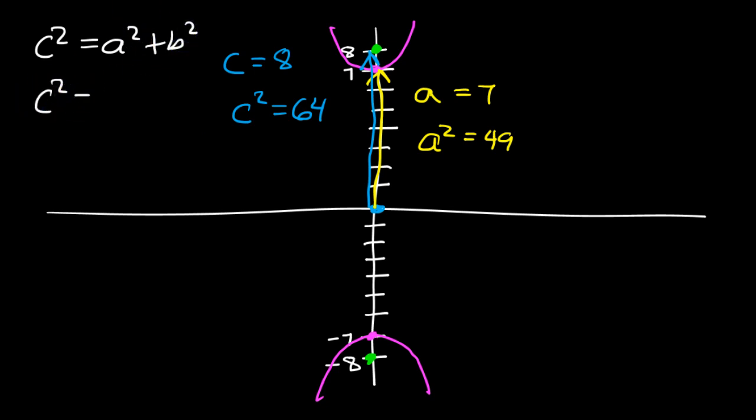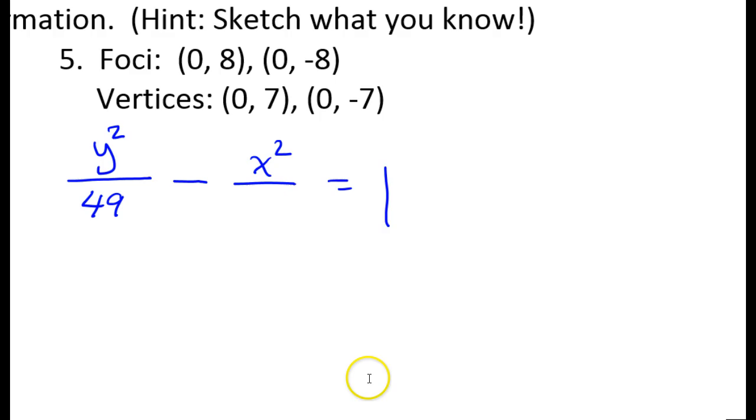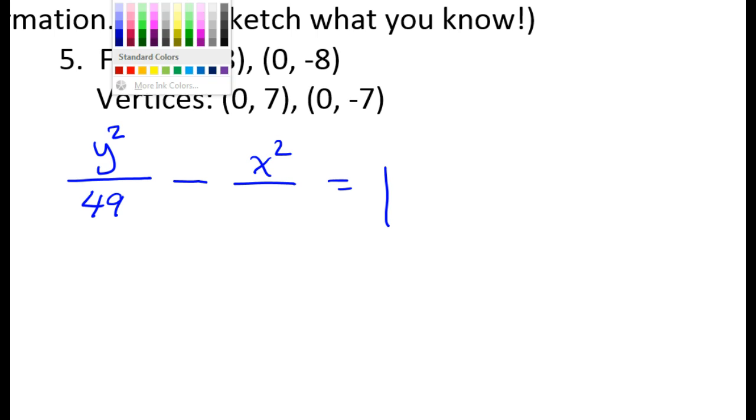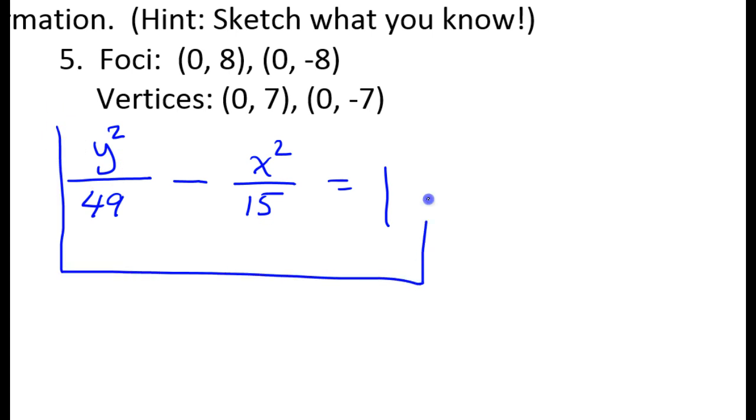So 64 is equal to 49 plus b squared. If we just subtract 49 from both sides, that gives us that b squared is equal to 15. So right here I'm going to have 15, because that's b squared. And that's it. This is the standard form equation for number 5.